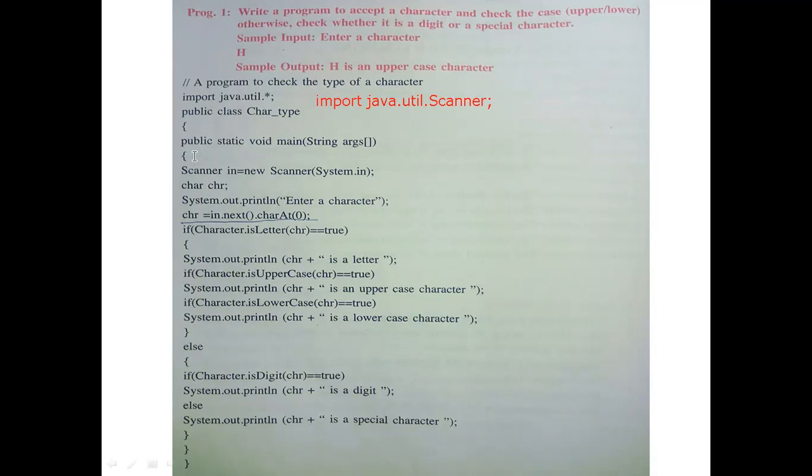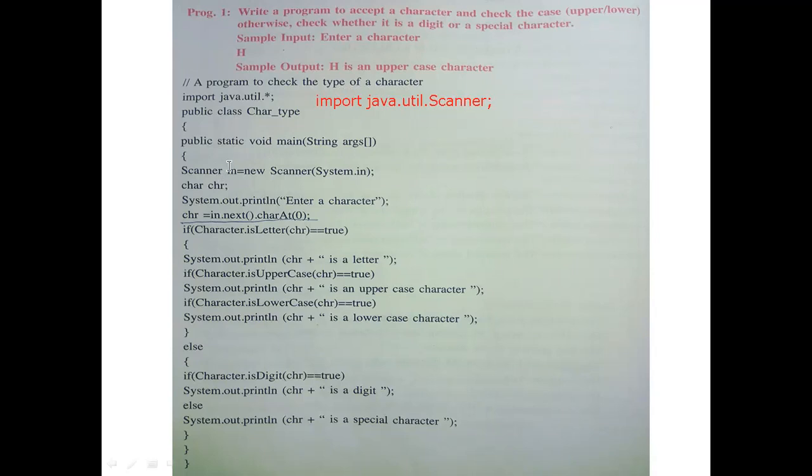Then once again, flower bracket is open. See, the Scanner object we need to create, like Scanner in = new Scanner(System.in). The object namely in is created. Scanner object is created. Either you write in or any name, fine, any variable name, fine.